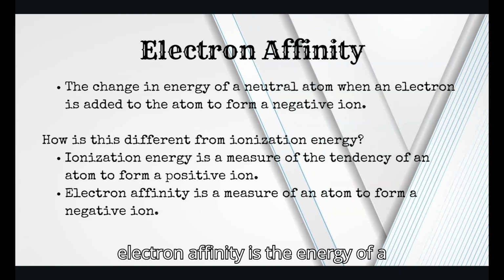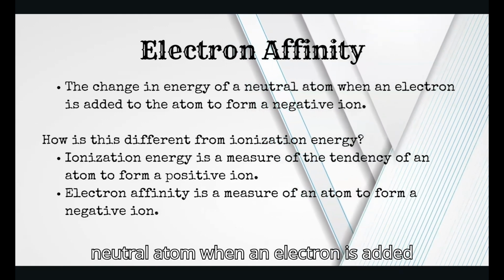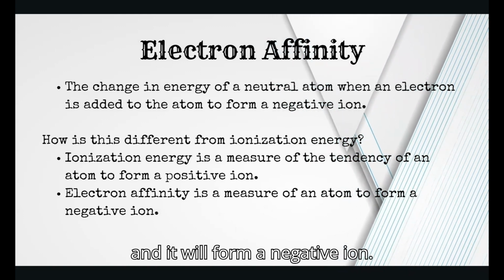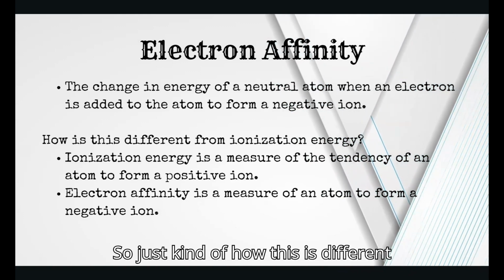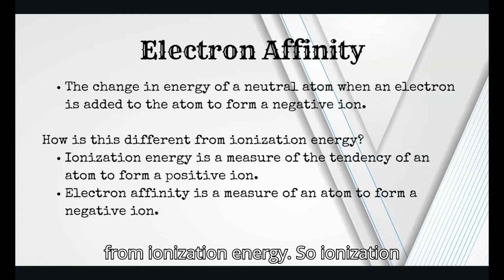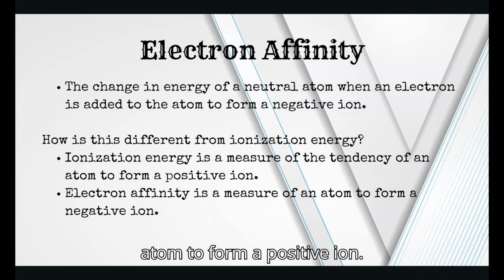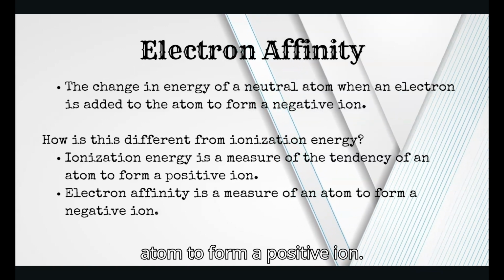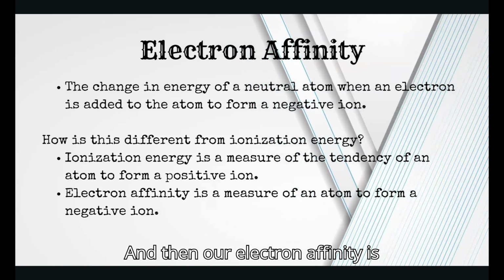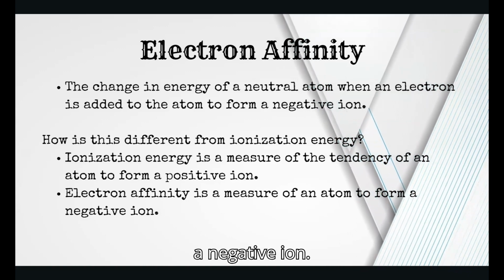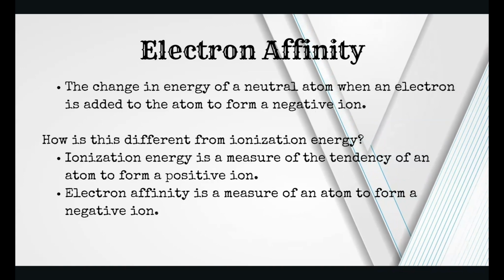But electron affinity is the energy change of a neutral atom when an electron is added, and it will form a negative ion. So, this is how it is different from ionization energy. Ionization energy is a measure of the tendency of an atom to form a positive ion, and electron affinity is essentially a measure of the tendency of an atom to form a negative ion.